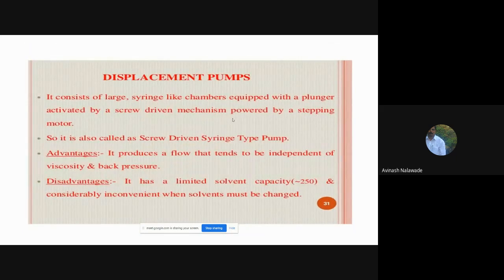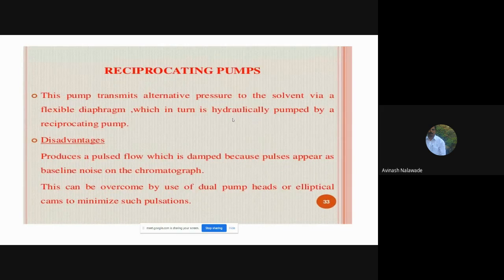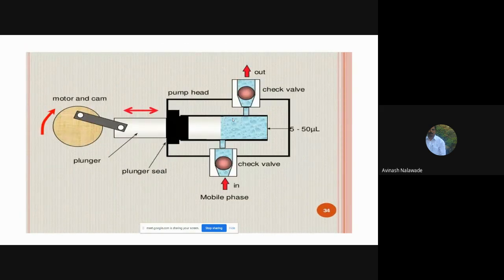So we'll see the video afterwards. Just see here what happens in the reciprocating pump. In this pump, the piston is moved front and back. When it is moving in this direction, the solvent is sucked, and when it is moving in this particular direction, the solvent is pumped in.